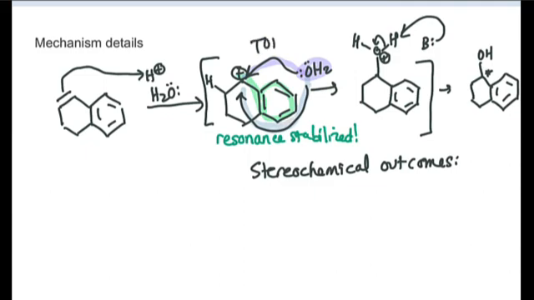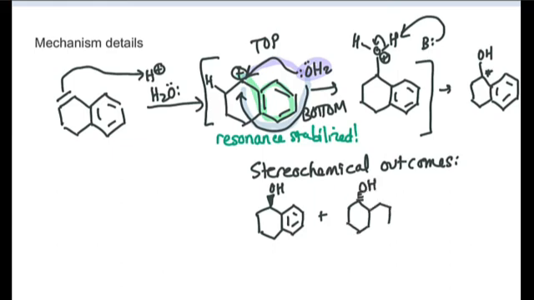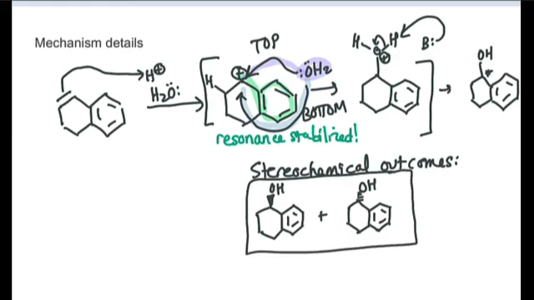Right, so attack could have happened from either top or bottom with equal likelihood due to the fact that carbocations are flat, they're planar. And so for that reason, the OH group in the end might have come from this face, leaving us with this product, but with equal likelihood the OH came from the back face, leaving us with that as a product. So our final predicted products will look like this.